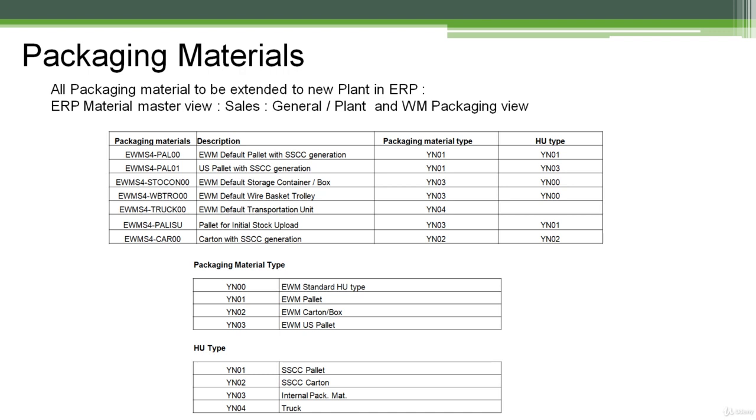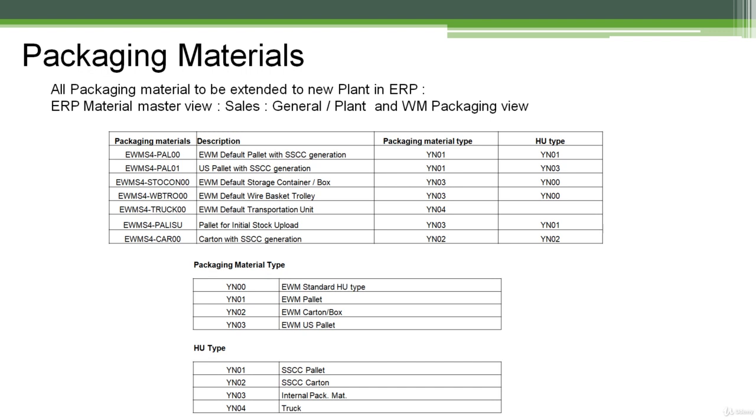Let us now extend them to the general plant view for our plant PL23. We will make sure while extending these products that the packaging material type is the same as it is maintained in the template warehouse 1710.